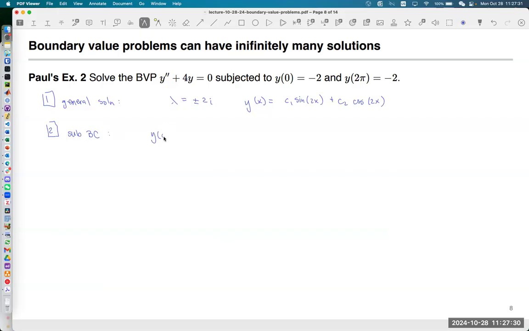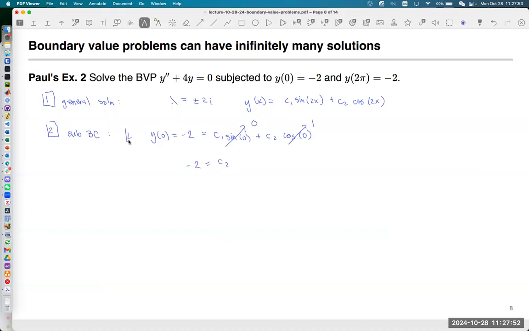So y of 0 is equal to -2. And for all the x's, I substitute 0. So c1 sine of 0 plus c2 cosine of 0. Sine of 0 is 0, cosine of 0 is 1. So we have -2 is equal to c2, same as before.